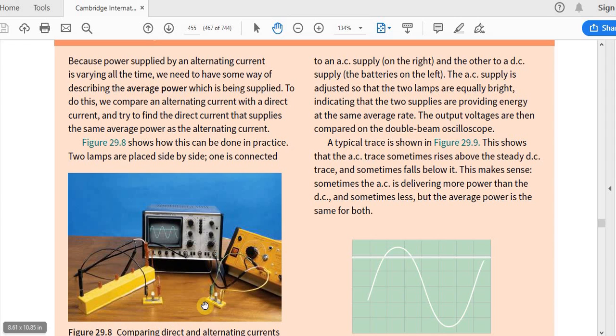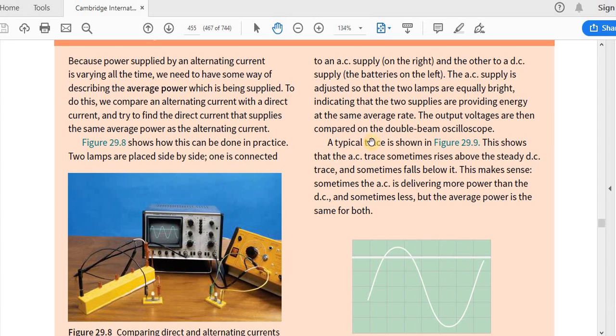When both have the same brightness, we can say that the power supplied by the DC power supply is equal to the power supplied by the AC power supply, that is, the two supplies are providing energy at the same average rate.